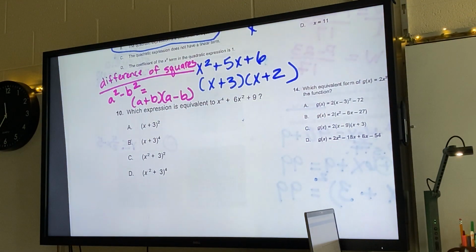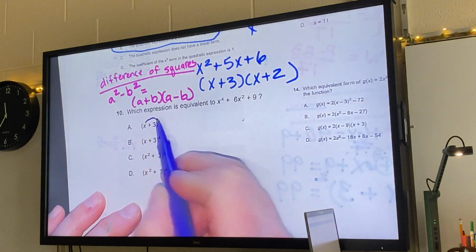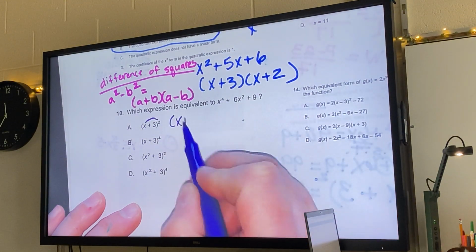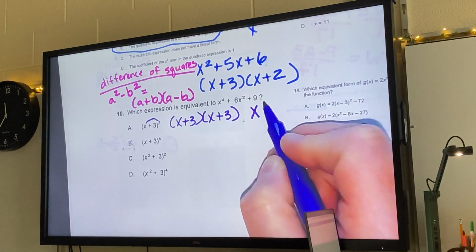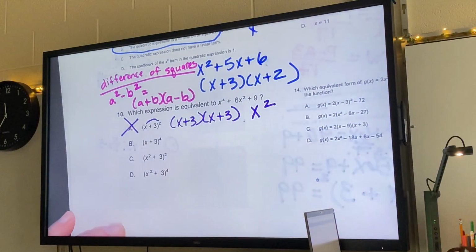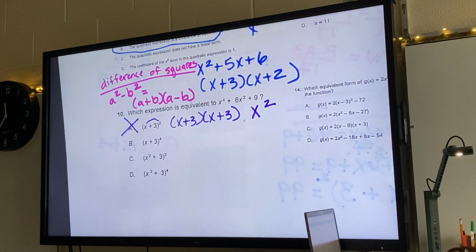A would give you x to the what power? Yeah, because this is x plus 3 times x plus 3. That would just give you x squared. So that one doesn't work. Now one of them gives you x to a much bigger power. Which one gives you x to a much bigger power?